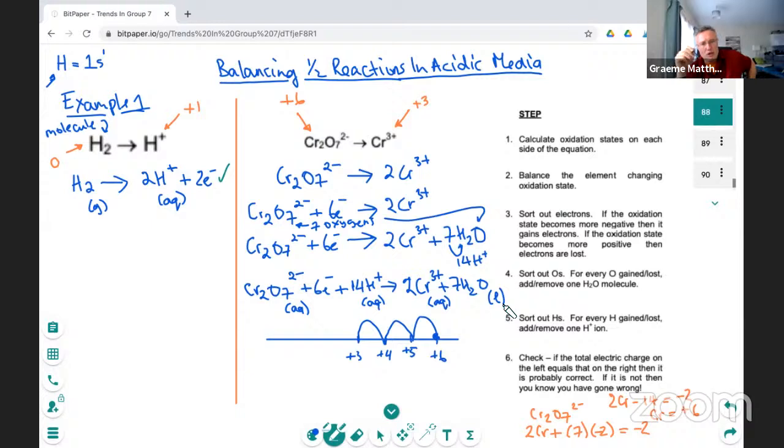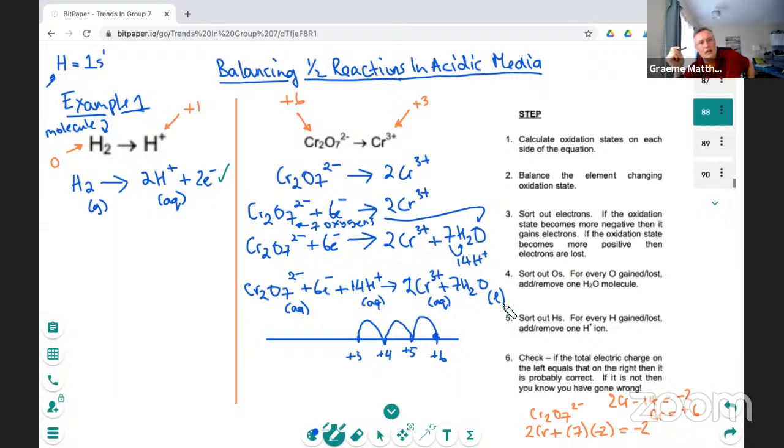Number 1, I'll show how to put them together to form a whole equation. Number 2, then I'll show you how to take them apart and balance each side and then reconstruct it.